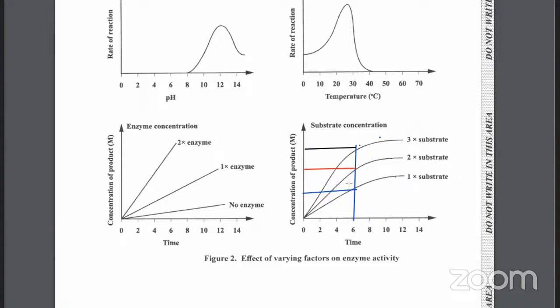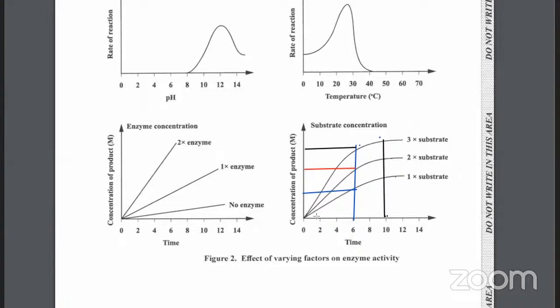The one-time substrate concentration has a slower rate than the 2 times, which is slower than the 3 times. As the substrate concentration increases, the rate is going to increase, right? Until it reaches a point. So if you are referring to the graph, you can just make some mentions. After 10 minutes, the rate became constant.